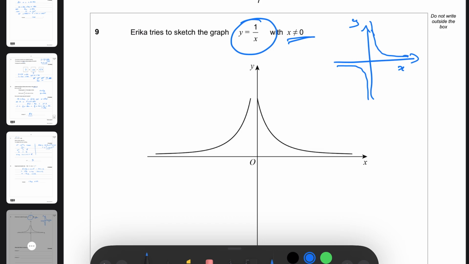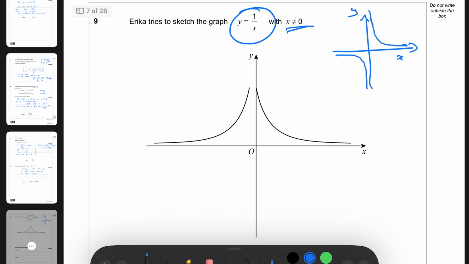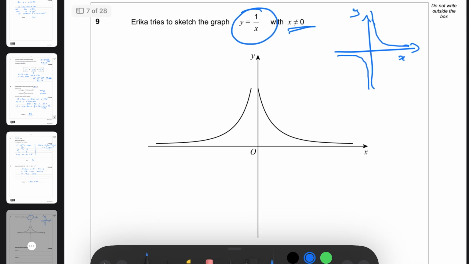When x is very large, 1 over x tends to 0. If in the exam you can't remember it, or it's more convoluted, just look at what happens at 0, and what happens when x tends to infinity and minus infinity. These are basic general rules.